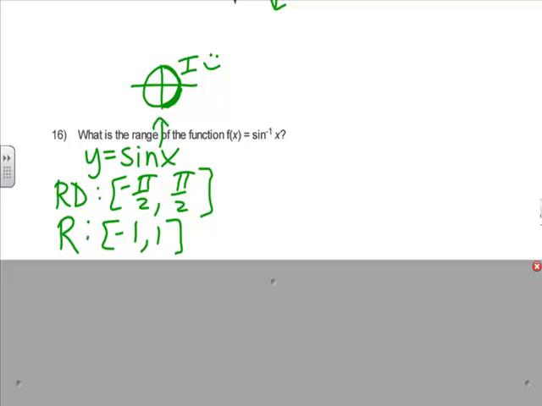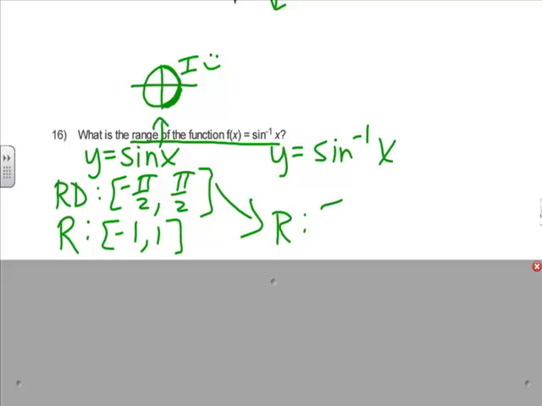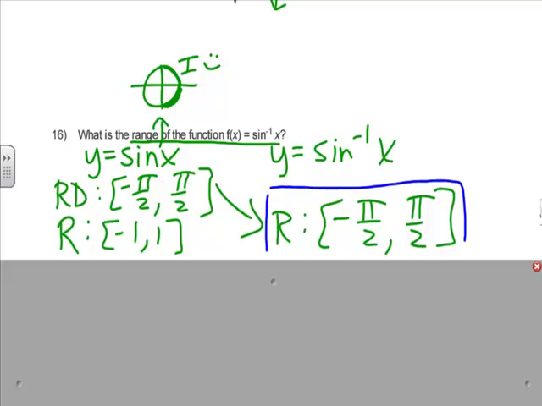But this question is asking what's the range of the inverse? The range of my inverse is going to be the domain of my original, because this is going to switch positions. So my range then is negative pi over 2 to pi over 2. So, good old inverse functions. Fair game on this test and the Regents.